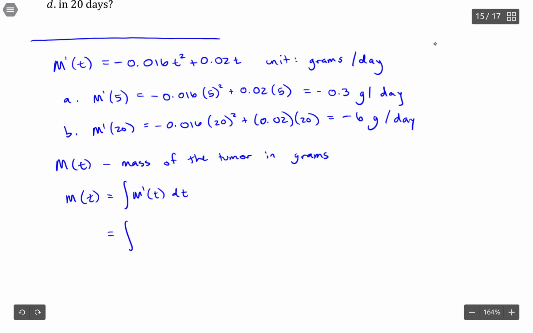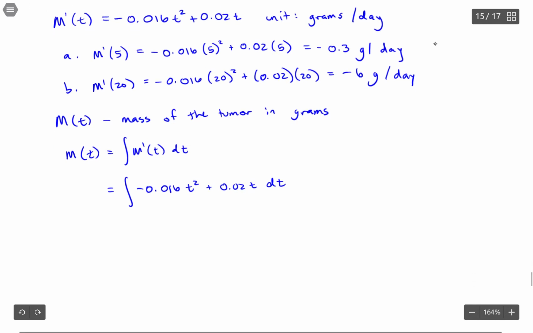So I need to integrate negative 0.016 t squared plus 0.02 t dt. Using the power rule, this would be negative 0.016 times t cubed over 3 plus 0.02 times t squared over 2. Oh, I don't need the integration symbol any longer, and we've got the plus c here.